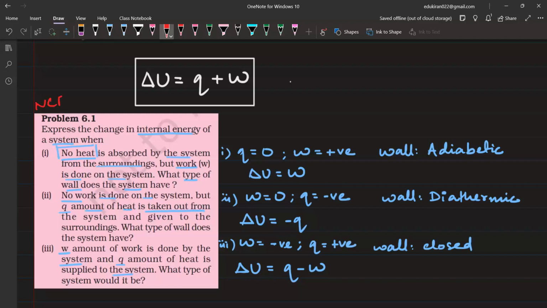This is in NCERT, okay? So write this down as problem 6.1 NCERT, and these are the answers. Just waiting for Khadija now.